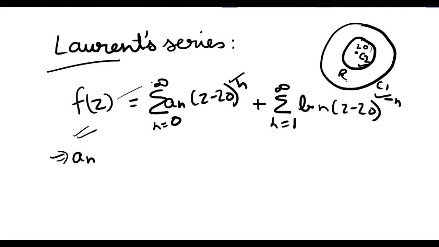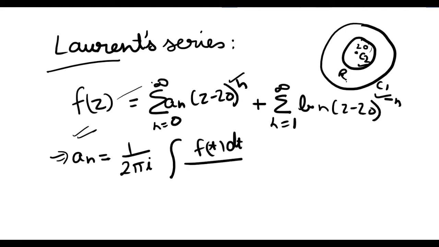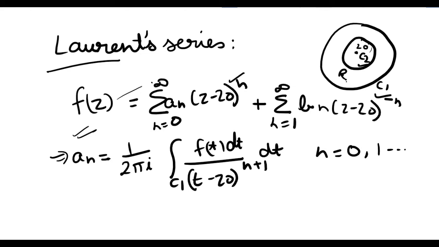Here a_n is equal to 1 upon 2 pi i integration f(t) dt upon (t minus z naught) to the power n plus 1, and its region is C1, where n is equal to 0, 1, 2 and so on.